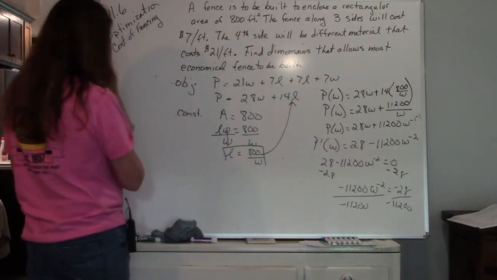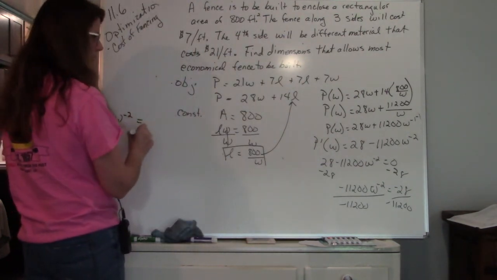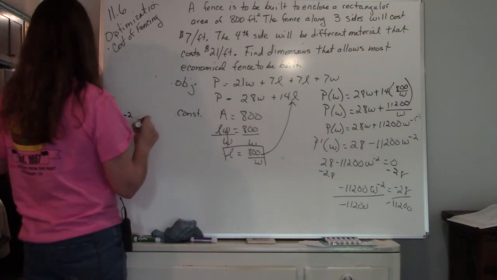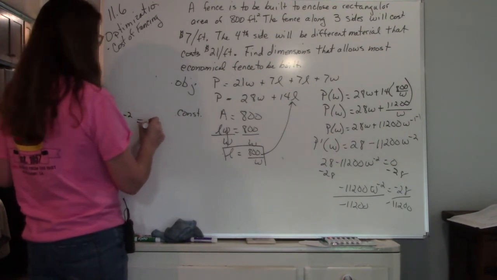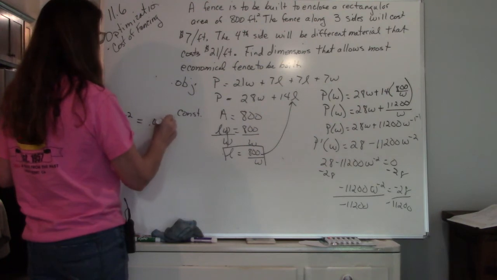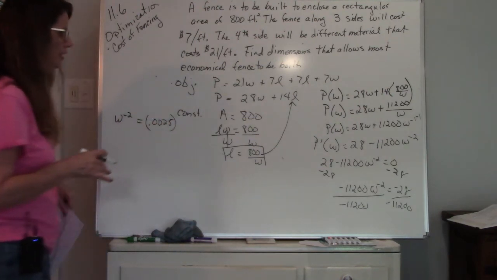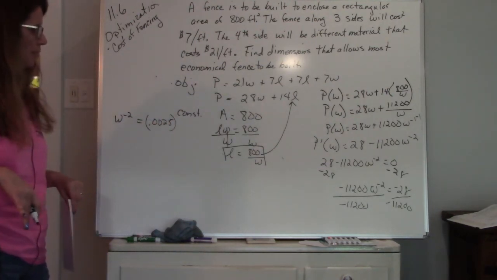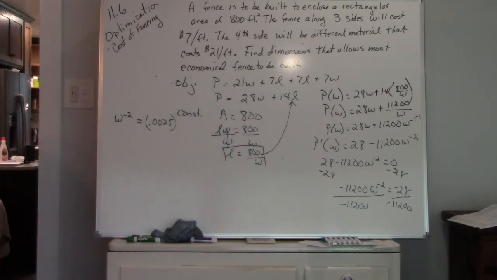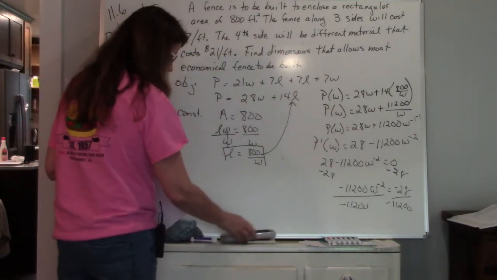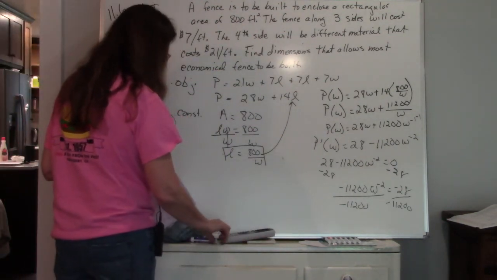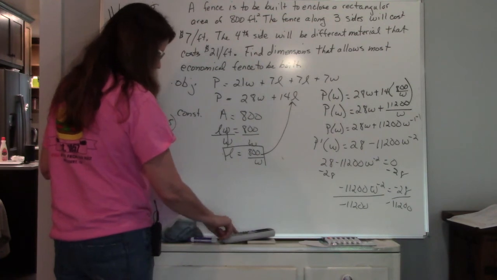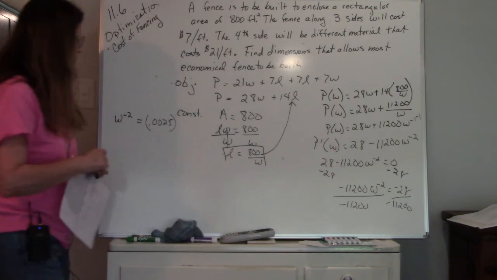And I get W to the negative 2 equals 28 over 11,200 is 0.0025. So in this case, all I did is I just divided 28 by 11,200, and that's the value that I got. You don't have to keep it as a fraction. I wanted to do one as a decimal so that since we're dealing with distances, you could see it. So 28 divided by 11,200 is 0.0025.